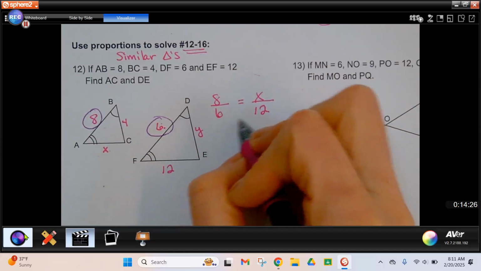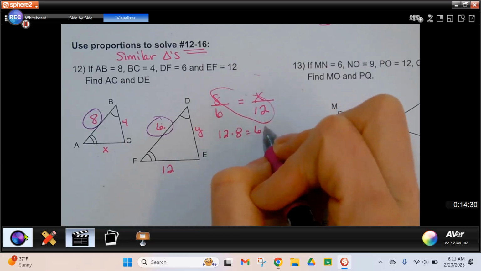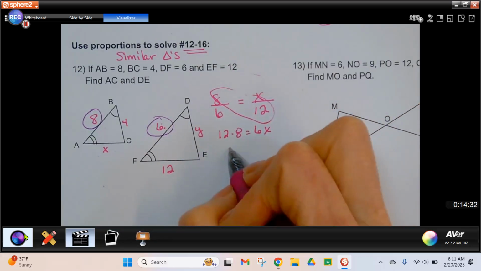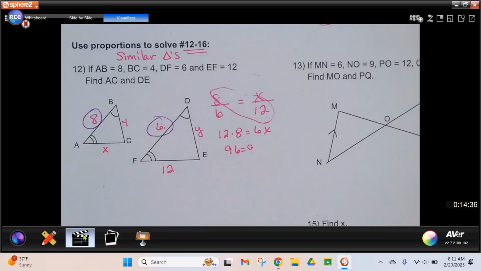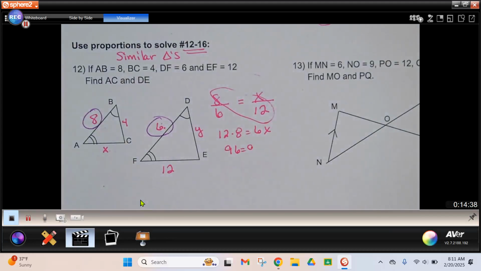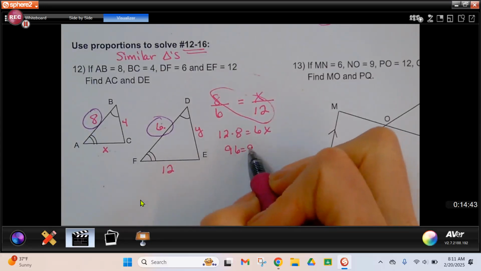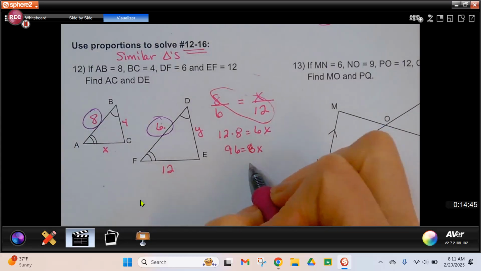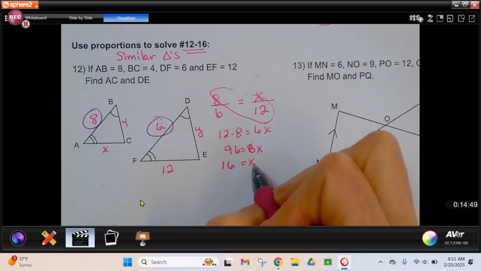So this is 8 times 12 and 6 times X. So 96 equals 6x, so x equals 16.